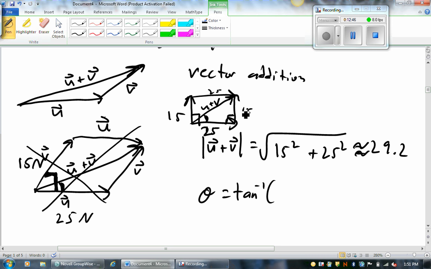So here's my angle theta, my opposite is 15, my adjacent is 25, and so my theta equals 0.6.